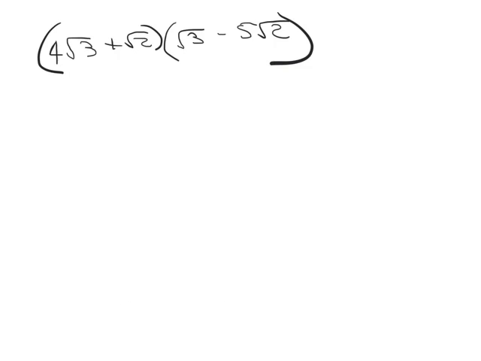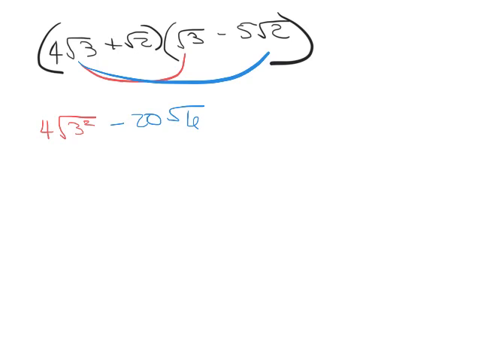Okay, so for this one in example 3, this is part B as in boy, we're just going to use the FOIL method. So we're going to do the first terms first. So 4 times the square root of 3 times the square root of 3 is actually the square root of 3 squared. And then we're going to do the outside. So minus 20 square root of 6.